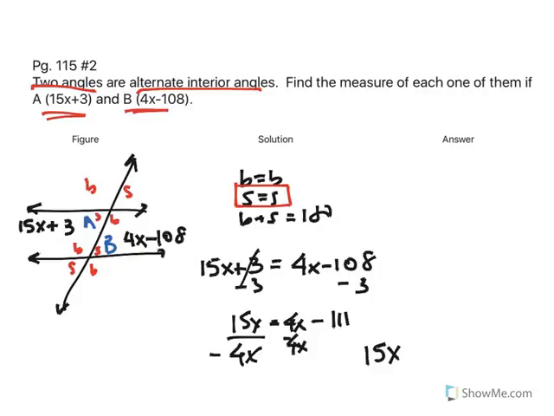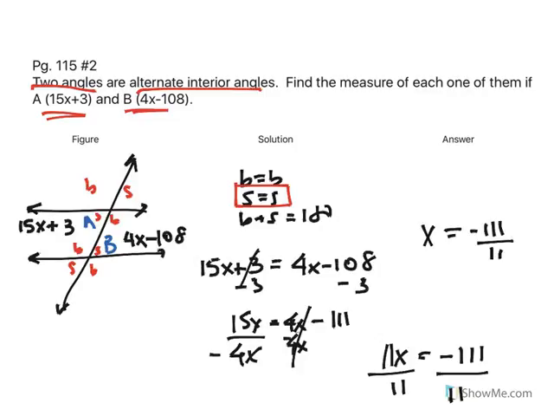So we're going to get 15x minus 4x gives us 11x. So we have 11x equals negative 111, divided by 11 on both sides. X equals negative 111 over 11. Okay, so that is our measure of x.